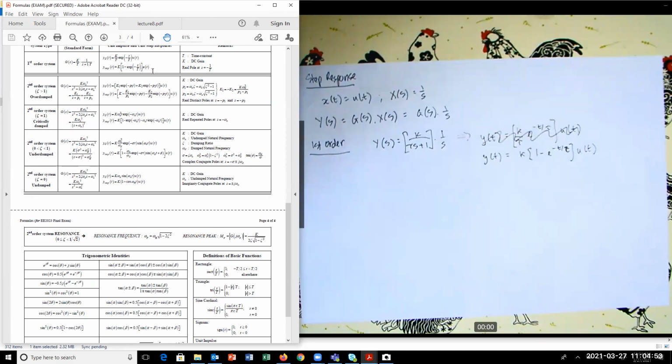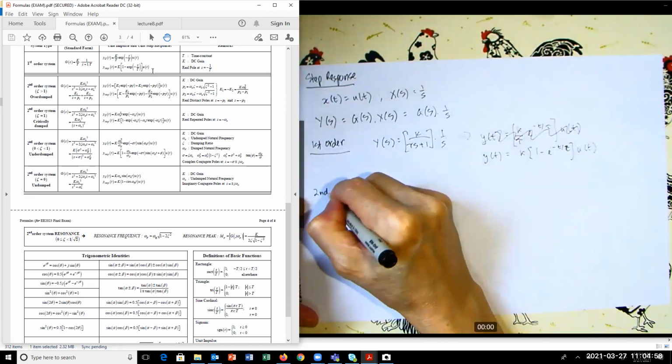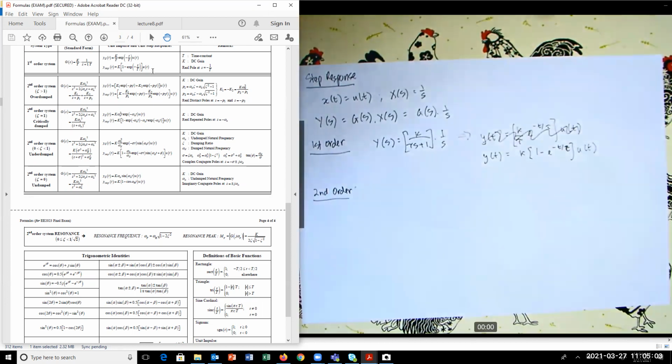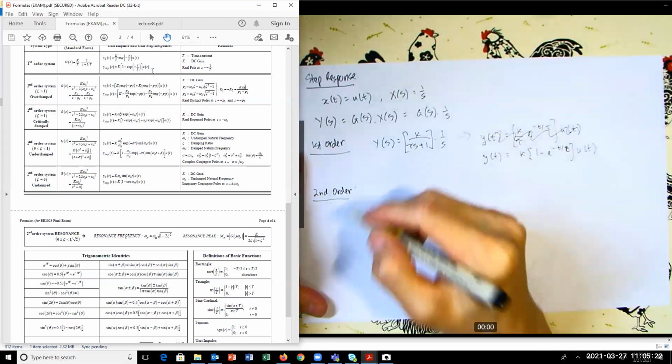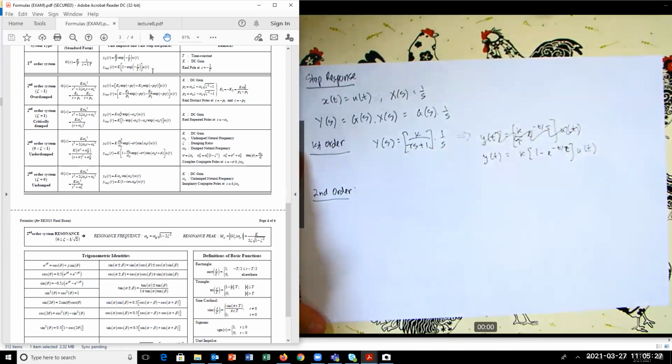Similarly, for the second order, you have your 4 cases: overdamped, critically damped, underdamped, no damping. So you will have different y(t) outputs when you go through those 4 steps. Let's write down the results of those steps.